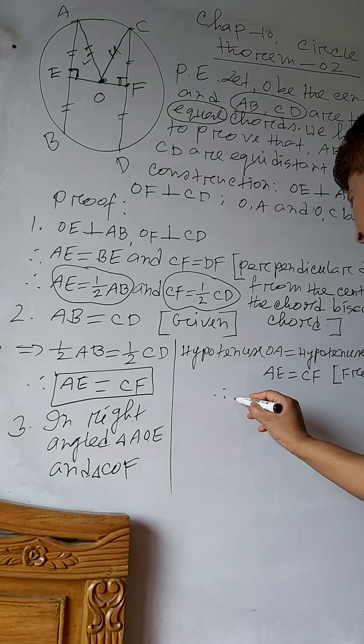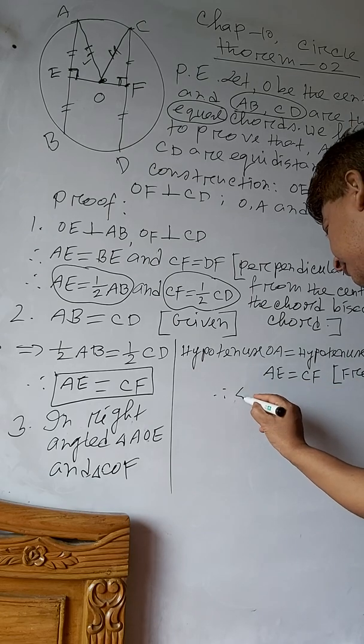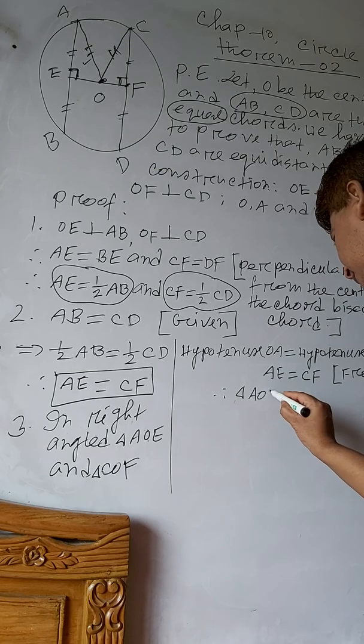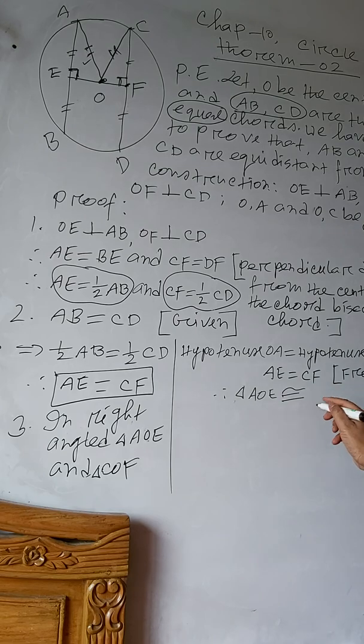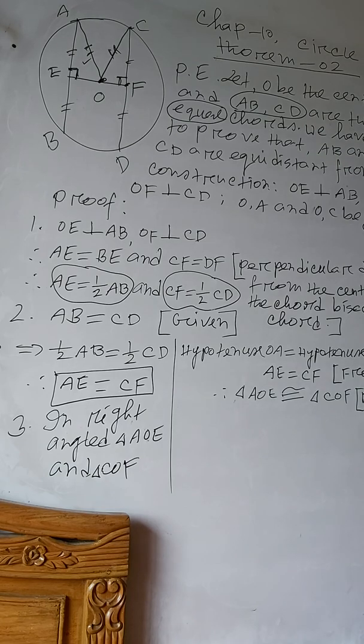Therefore, triangle AOE is congruent to the triangle COF by RHS theorem.